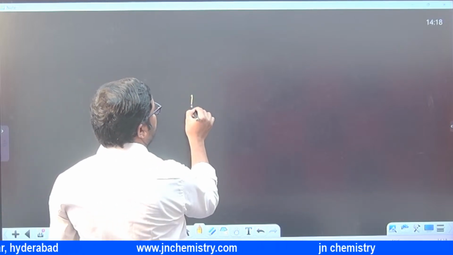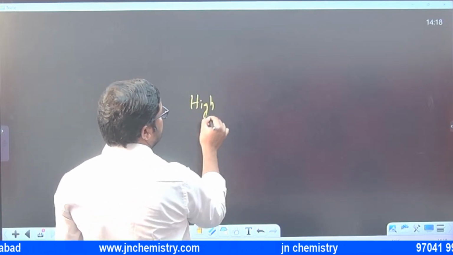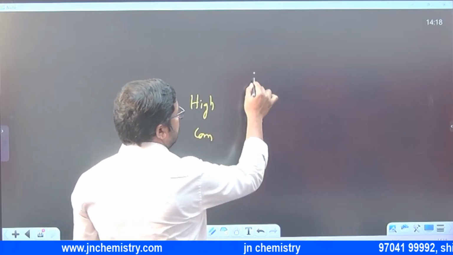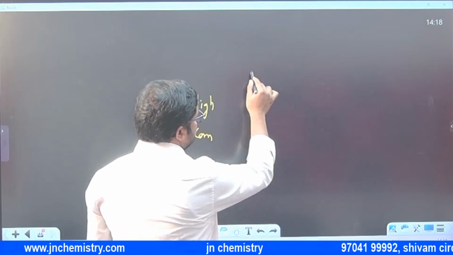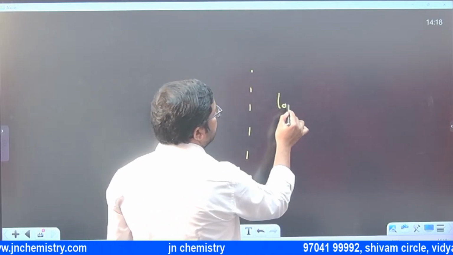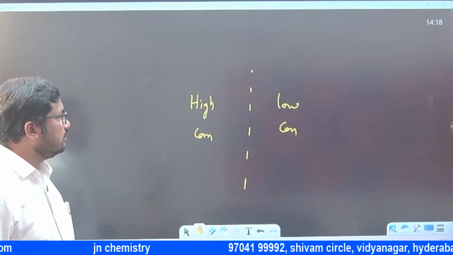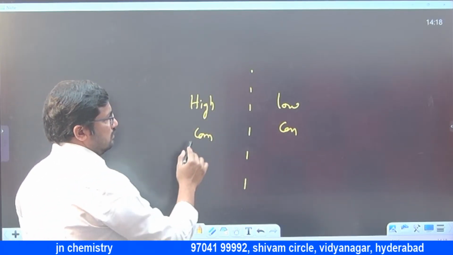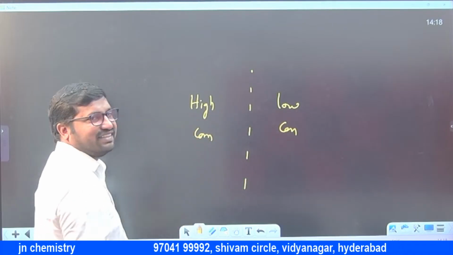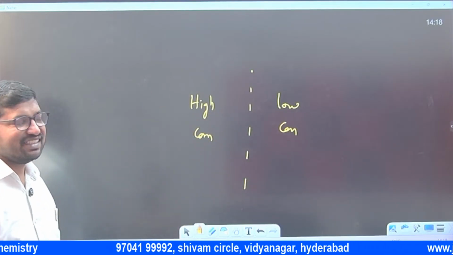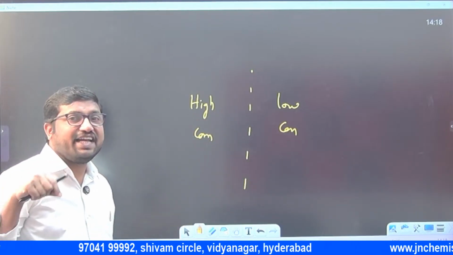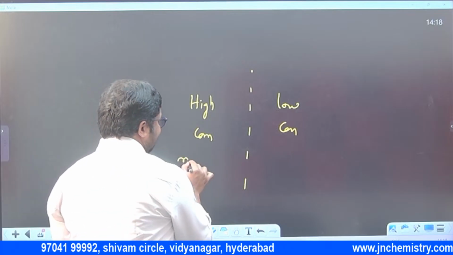Imagine sometimes here is a high concentrated solution, semi-permeable membrane, this is a low concentrated solution. So which direction does it move, left to right or right to left? High concentration means more solute, right?